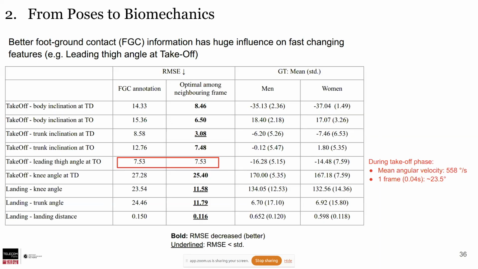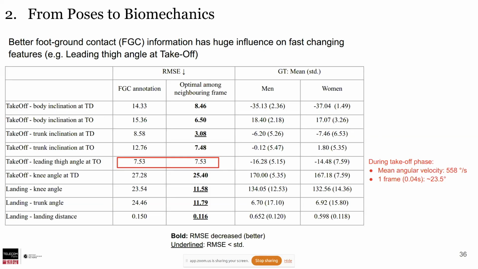This infers that our model performance is highly restricted by the frame rate. Especially when we look at the takeoff leading side, which didn't improve. During the takeoff phase, the mean angular velocity for this is 558 degrees per second.